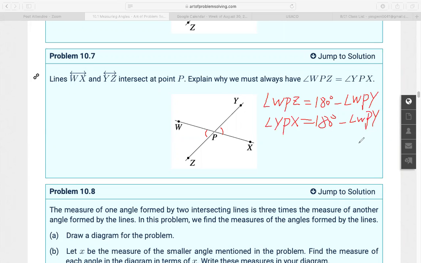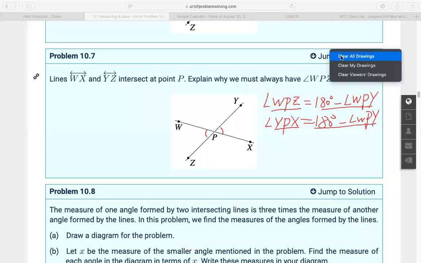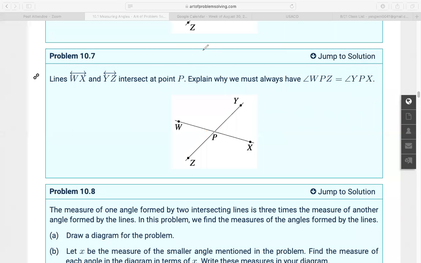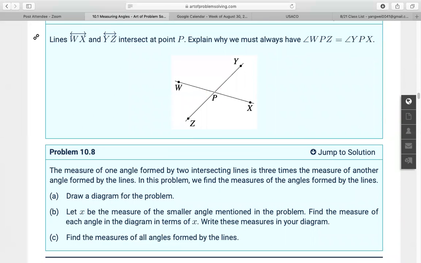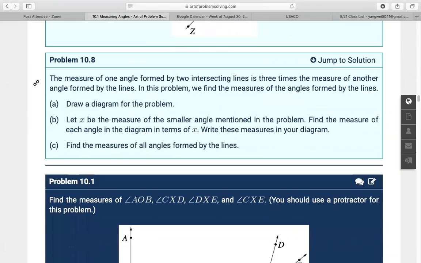Yes, because they are both supplementary to WPY. This one equals 180 minus WPY. This one also equals 180 degrees minus WPY. So that means these two angles are always equal. Okay.